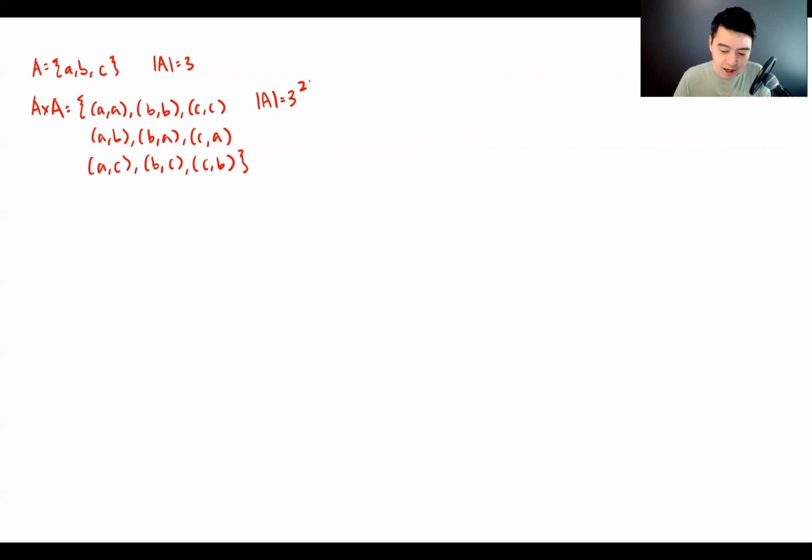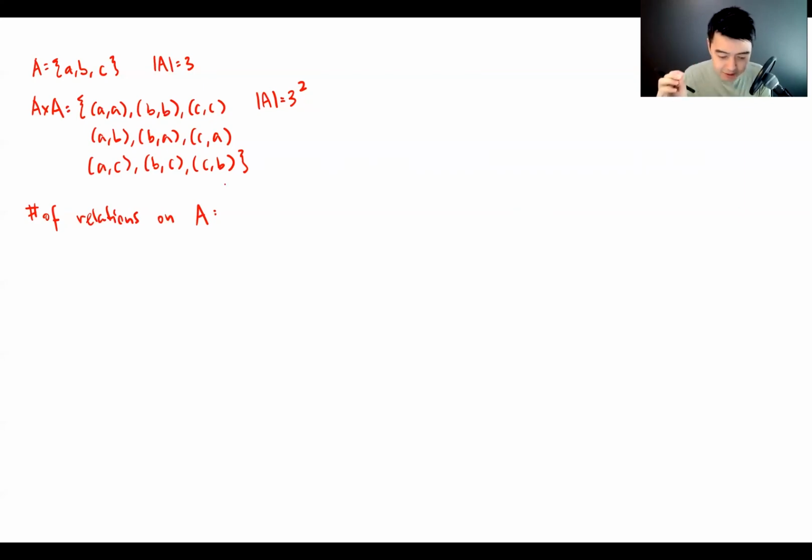Now, the question is how many different relations are there on A? What is the definition of a relation on A? Well, it's any subset of A cross A. I'll say that again.